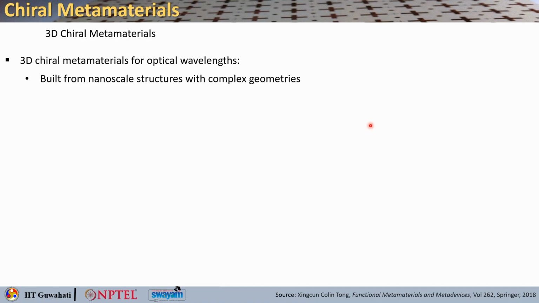So, we can also see 3D chiral metamaterials, which are especially working for optical frequencies. Okay. They consist of building blocks with feature size at the nanoscale level, and they have much more complex geometries. So, they are more intricate than planar chiral metamaterials.